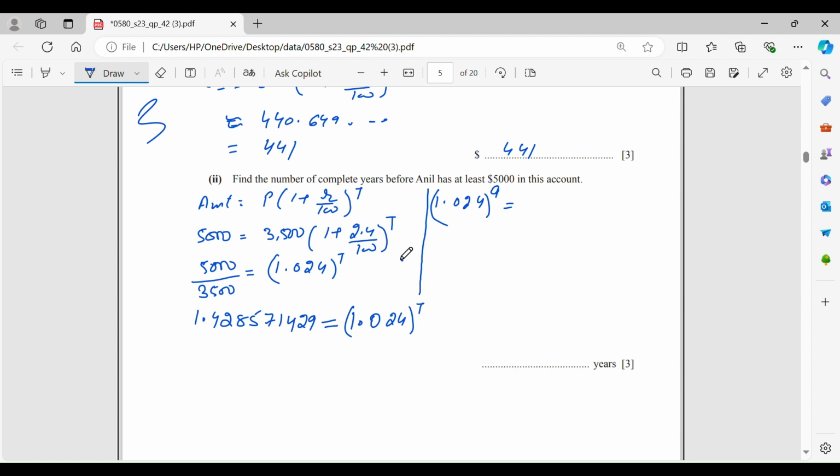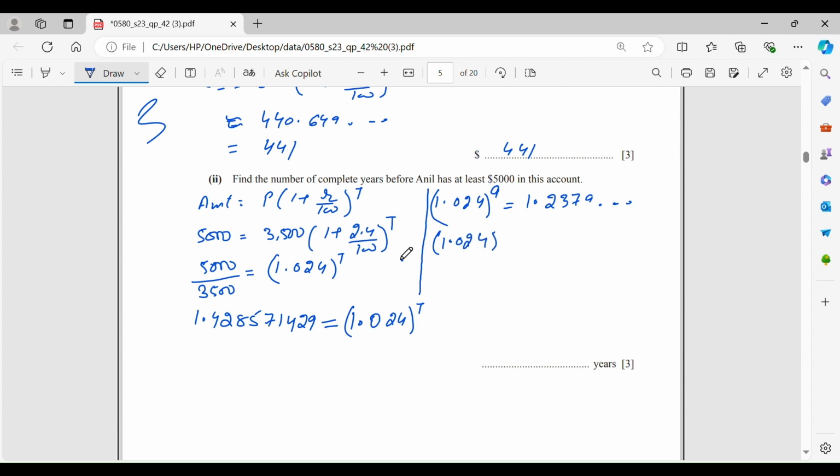Because 5 we have already found above, it is not equal to 5,000. For 9 it is 1.2379, so it is not there. So let's try for 15.